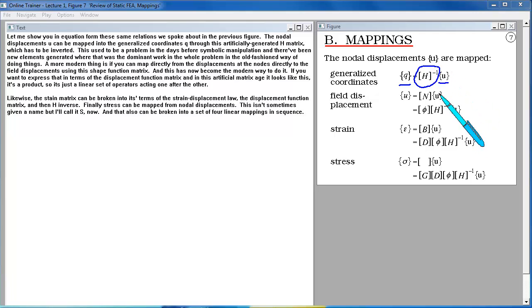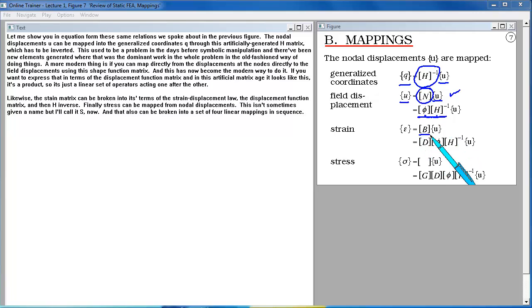A more modern thing is if you can map directly from the displacements at the nodes directly to the field displacements using this shape function matrix. And this has now become the modern way to do it. If you want to express that in terms of the displacement function matrix and this artificial matrix H, it looks like this. It's a product. So it's just a linear set of operators acting one after the other.